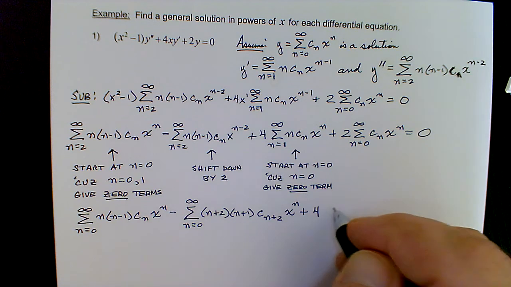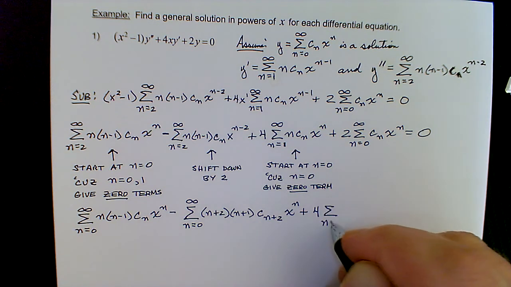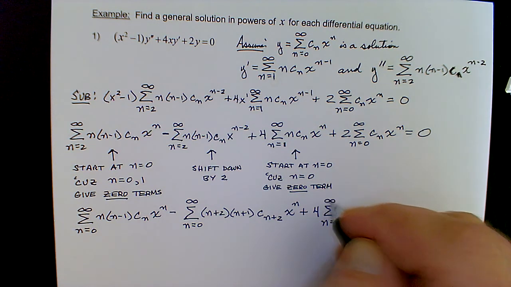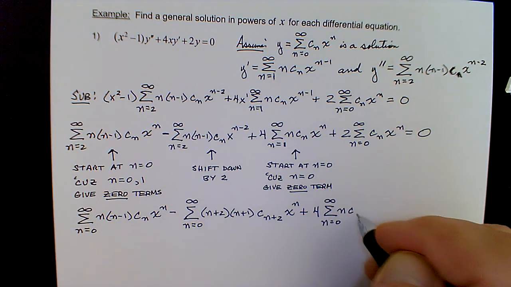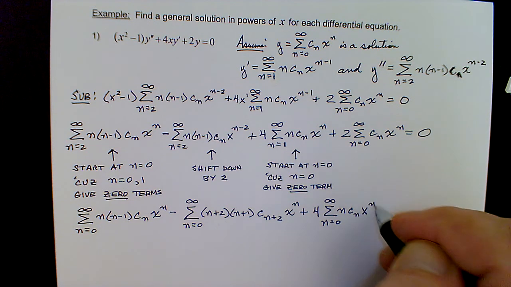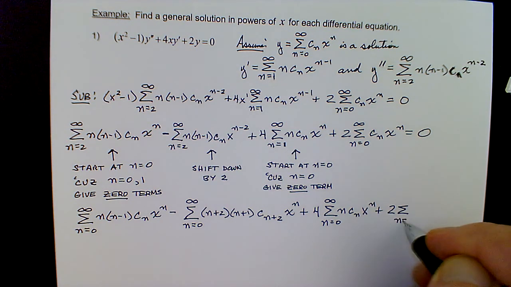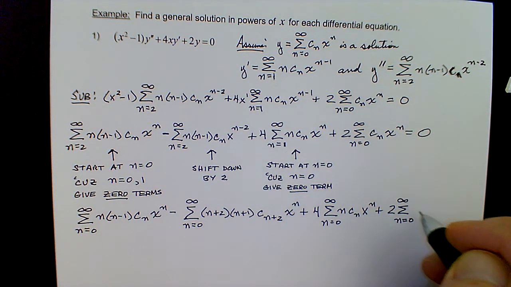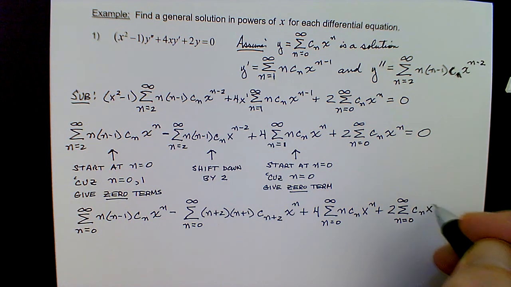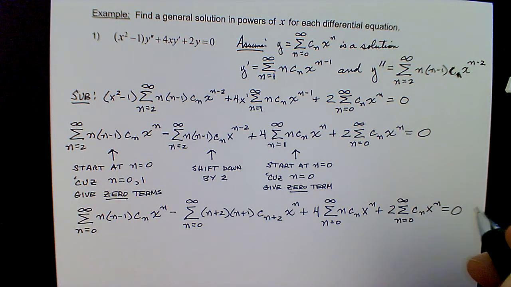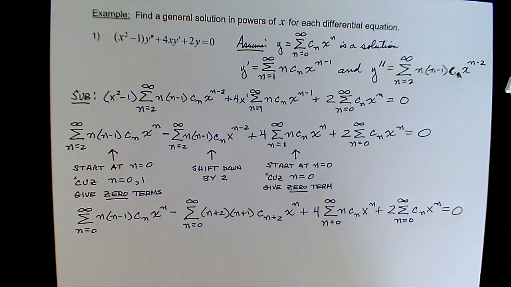Okay, and then for the third term, we said we're going to start it at 0, and everything stays the same. And the fourth term is just the original series that we'll recopy. And now notice that everything's set up so that we could use the identity principle.